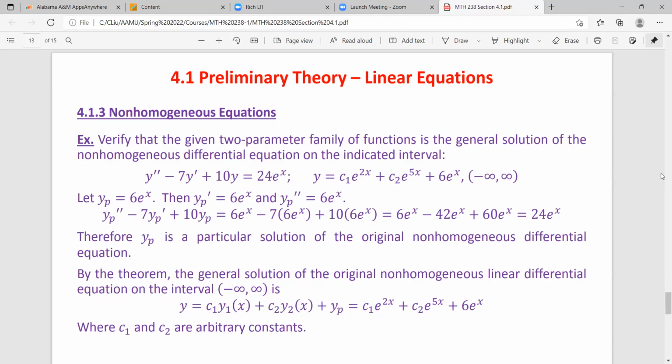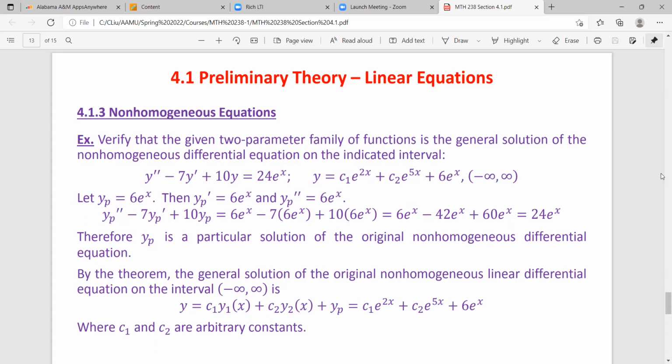Then the second step will find one particular solution to the non-homogeneous equation. So you come back to the original non-homogeneous equation and try to find one particular solution. Then you just add the general solution for the homogeneous equation and the particular solution for the non-homogeneous equation, and that will give you the solution to the differential equation.